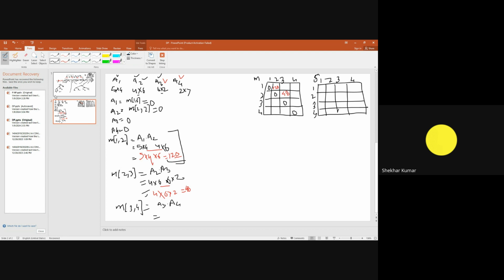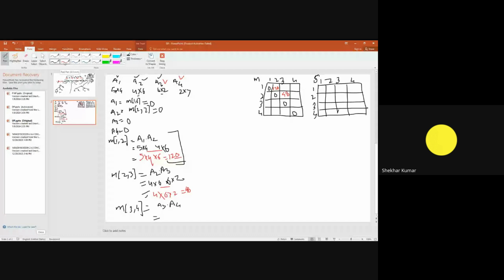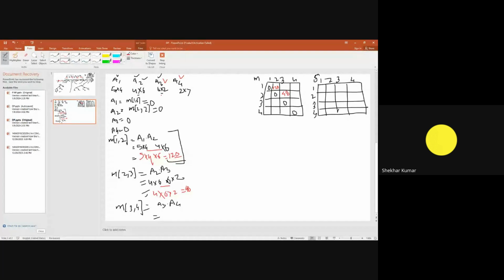A3 is 6 by 2 and A4 is 2 by 7, so the cost should be 6 multiplied by 2 multiplied by 7. So the value will be 84. I will write it down in the 3,4 location, 84. So I have finished the first step in which I multiplied only two matrices. At first I multiplied A1 with A2, then A2 with A3, and after that A3 with A4.